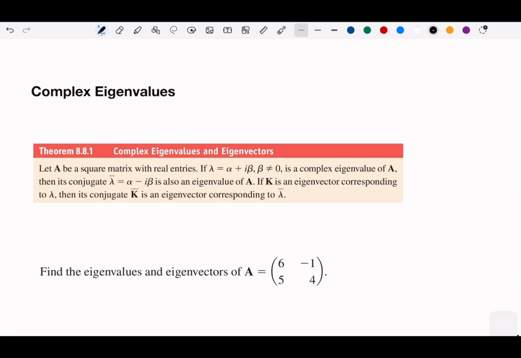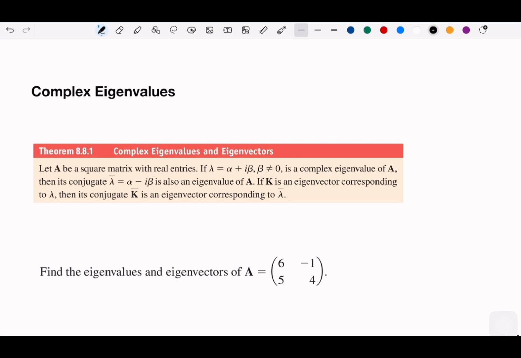So these two values will be our eigenvalues for checking our eigenvectors. So we have lambda equal to alpha plus i beta with eigenvector K, and we have lambda bar with K bar, for each complex eigenvalue.